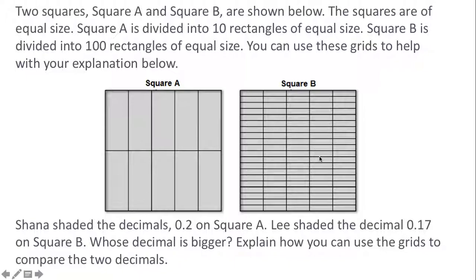To shade 0.17 on square B, I shade 17 pieces. But now, just like 0.2 can become 0.20, on my shape, I would cut each of my tenths into 10. That would give me 20 hundredths.